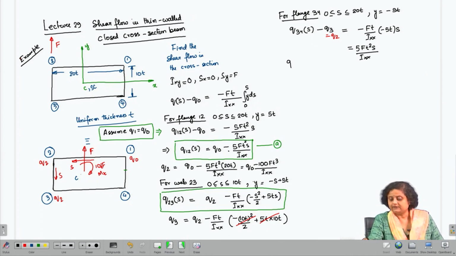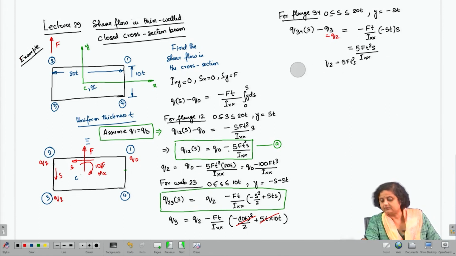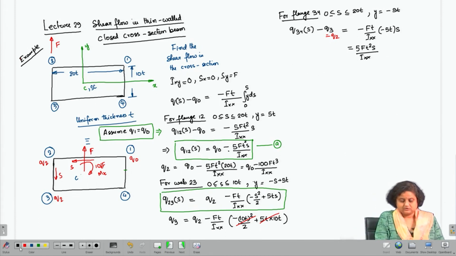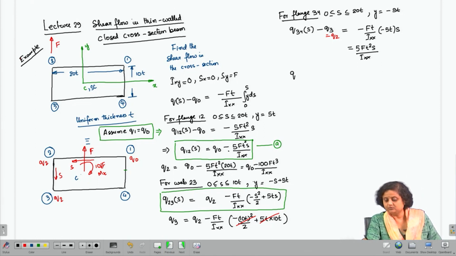So, therefore, Q34S is going to be Q2 plus 5F t square S by Ixx. So, let me just write this down. Q34S is going to be Q2 plus 5F t square S by Ixx.